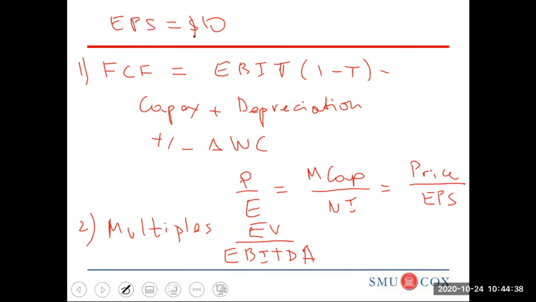The way you would apply the multiples methodology, you would look at how comparable companies are trading. So let's say you have Apple, with an EPS of 10, and you would see what the comparable companies are trading at. So what's their P/E ratio? You would look at, I don't know, Samsung or Google, those high-tech companies.